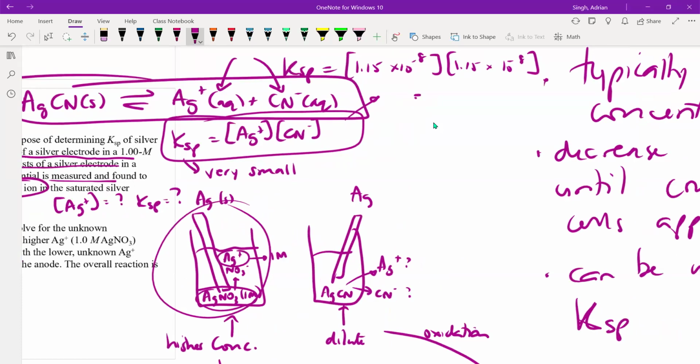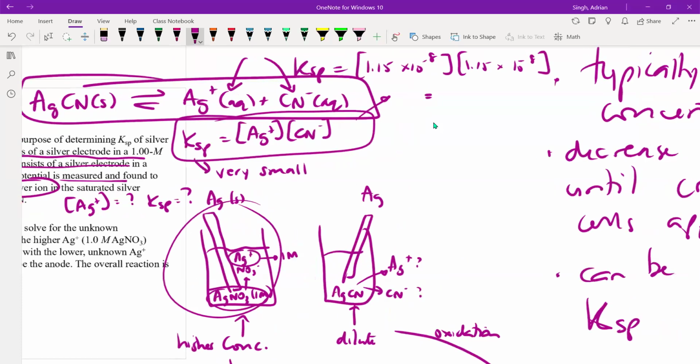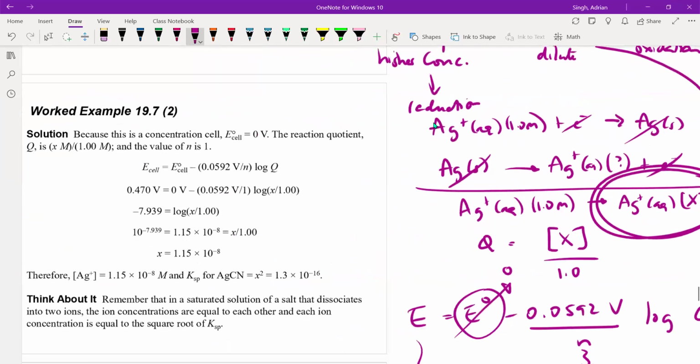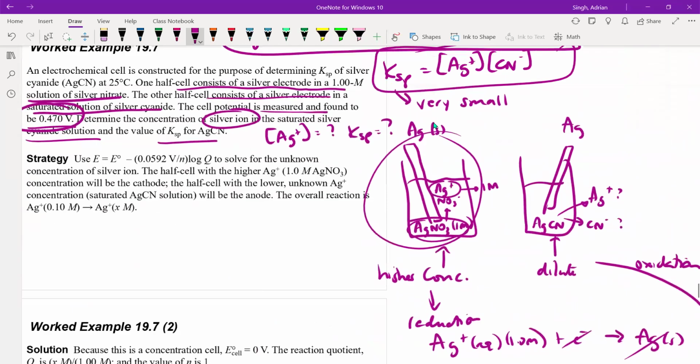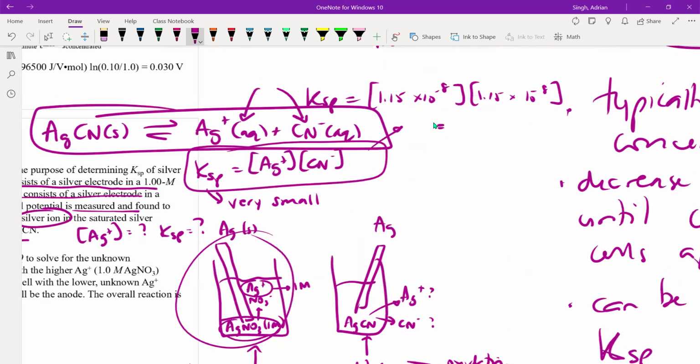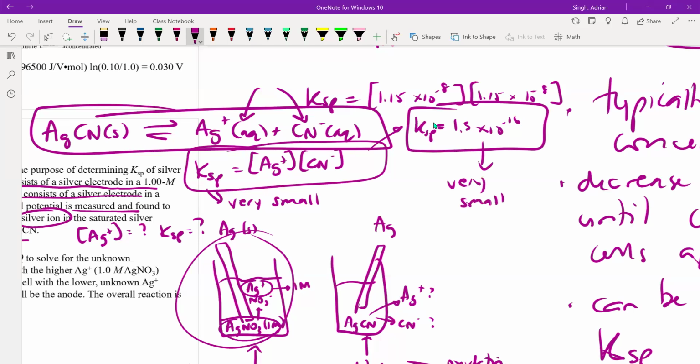So we essentially square 1.15 times 10 to the minus 8, and we end up with 1.3 times 10 to the negative 16. And again, KSP values for sparingly soluble salts are very small. Okay, and that's exactly what we found.